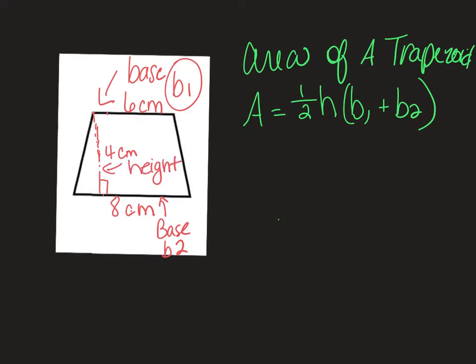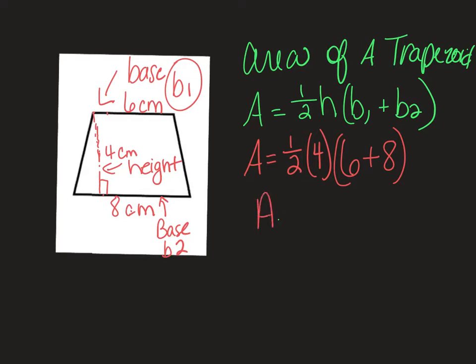So area equals 1/2 times 4 times B1, which is 6, plus B2, which is 8. Now, if you can remember the order of operations, you're always going to do what's inside the parentheses first before you solve anything else. So 1/2 times 4 times, what is 6 plus 8? 14.